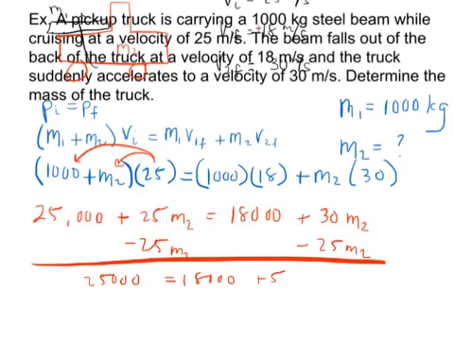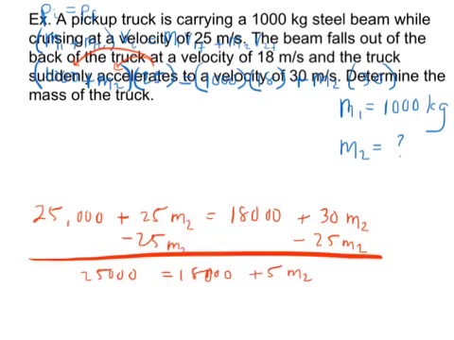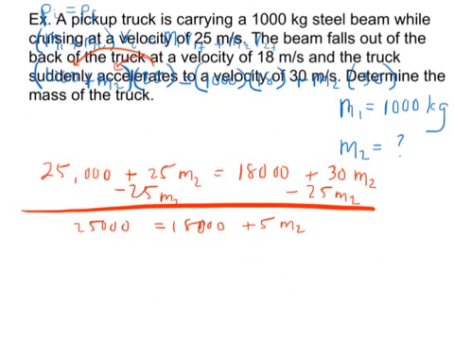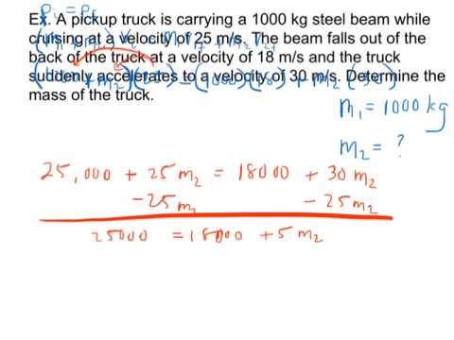Subtract 18,000 from both sides now. You're going to get, what did you say, Paul? 7,000 equals 5 M2, and you divide by 5, and you get 1,400 kilograms.